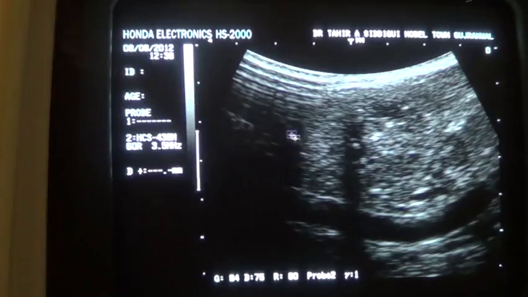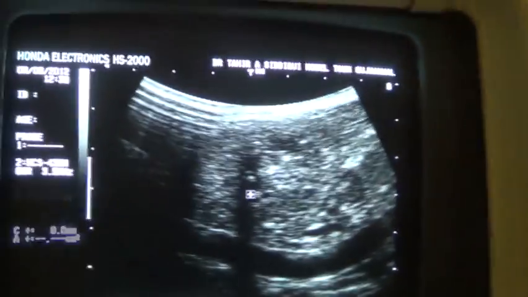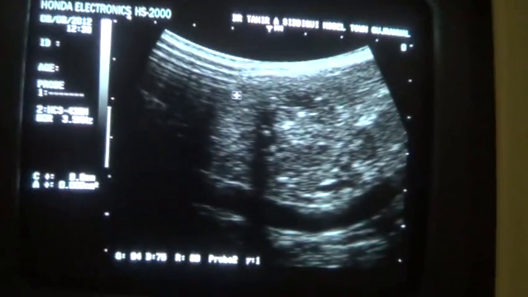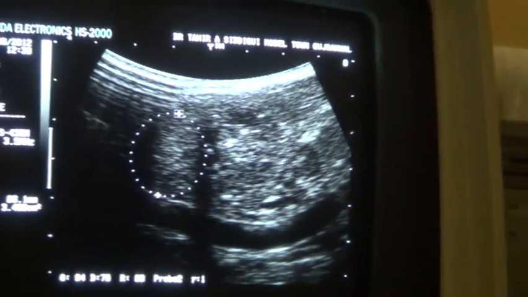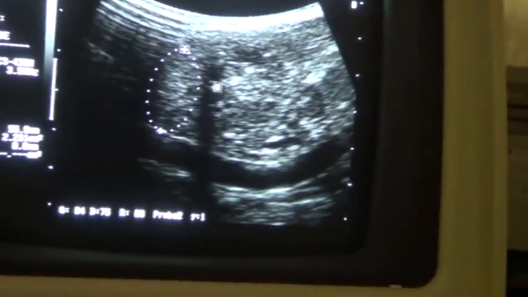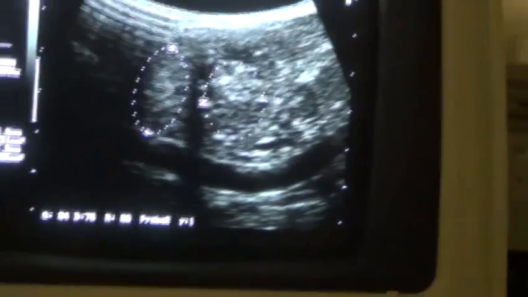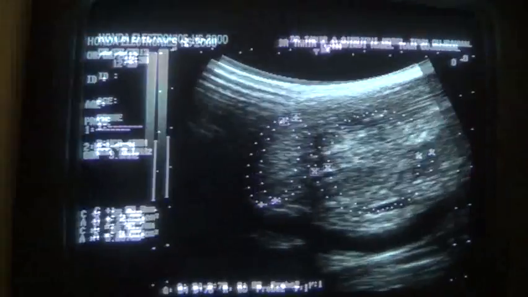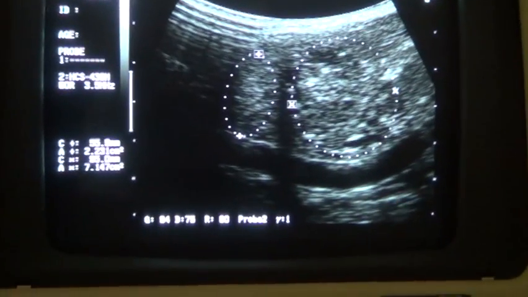Now this is the normal thyroid tissue. This area shows normal right thyroid tissue. This is the normal tissue, whereas this is the mass in the right thyroid lobe.